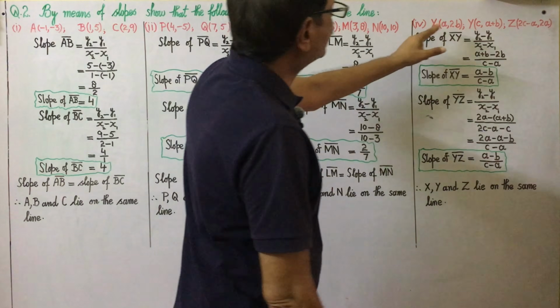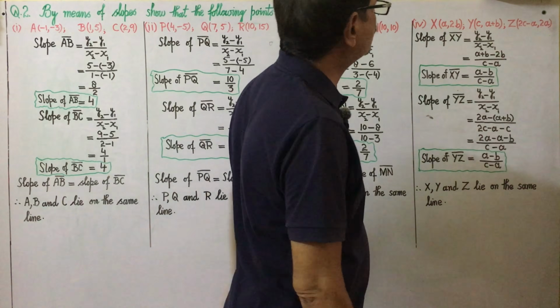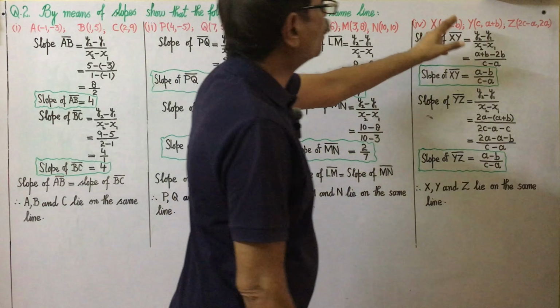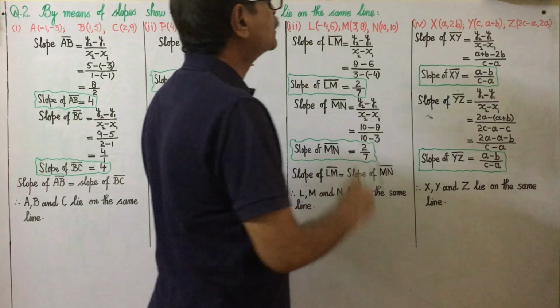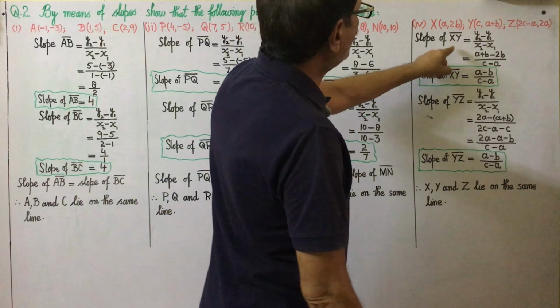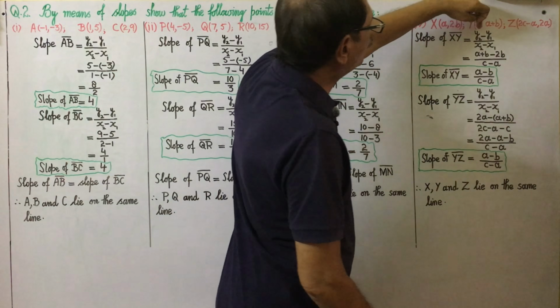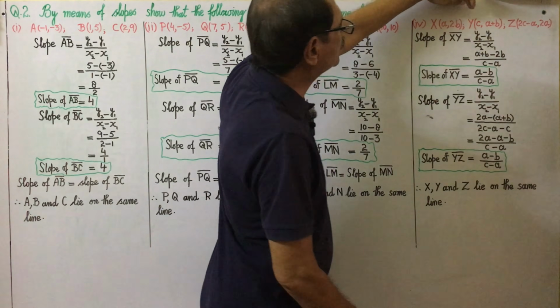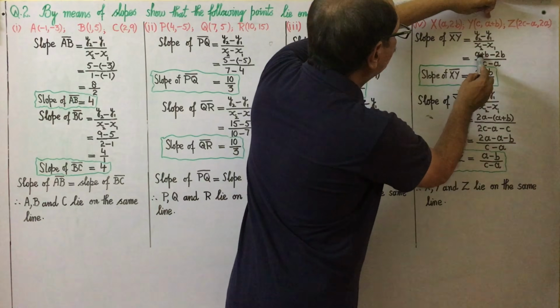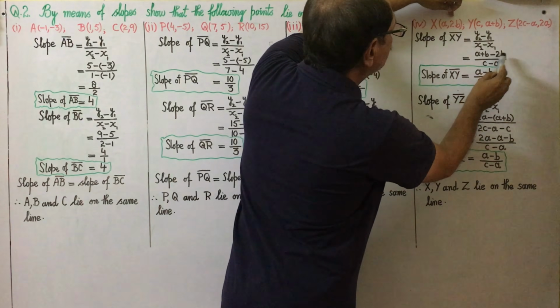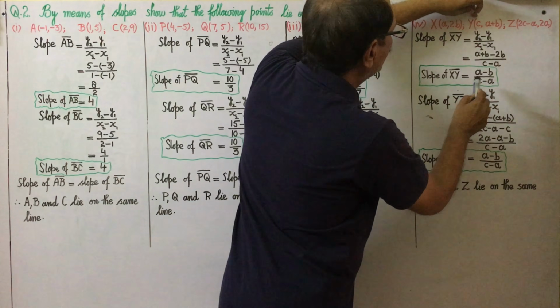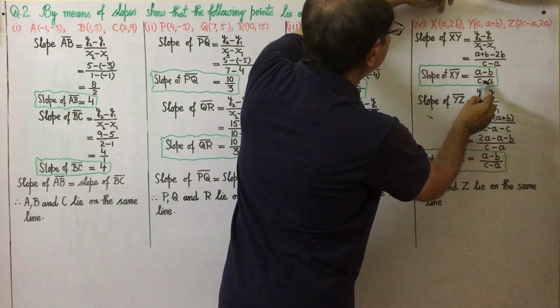If slope of XY is equal to slope of YZ, then points X, Y and Z will lie on the same line. Slope of XY, y2 minus y1 over x2 minus x1. y2 is a plus b, minus y1 is 2b. x2 is c, minus x1 is a.